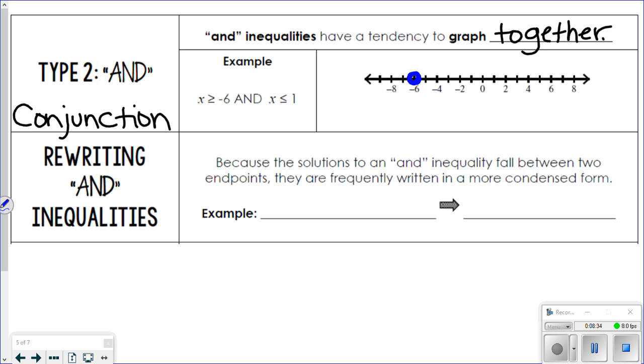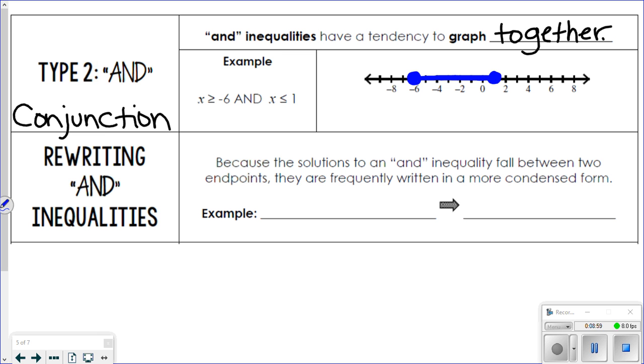So we're going to put a closed circle at -6, greater than shades to the right. And x also has to be less than or equal to 1, so less than, we shade to the left. So notice we're shading in the middle to connect our two circles or our 2 points. We shade together. Connect, conjunction.